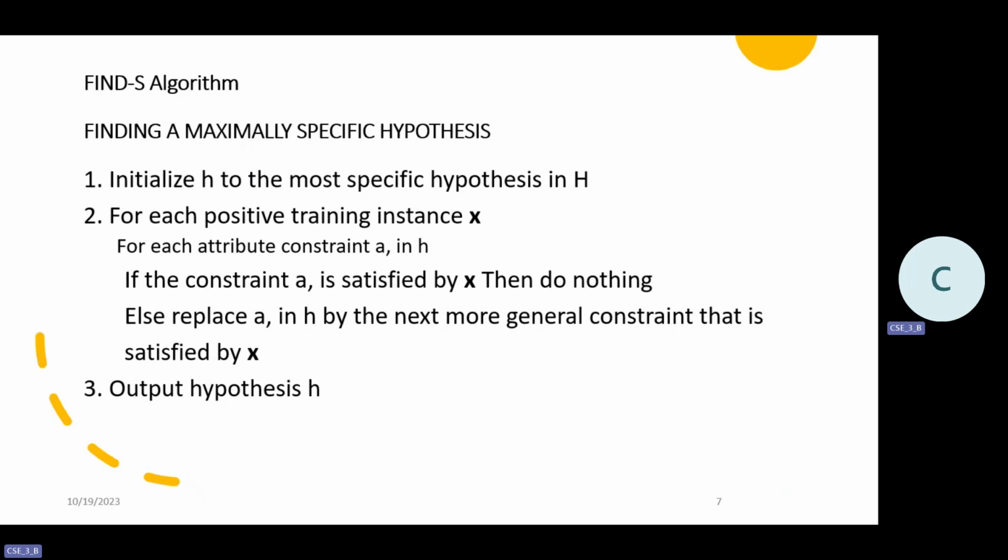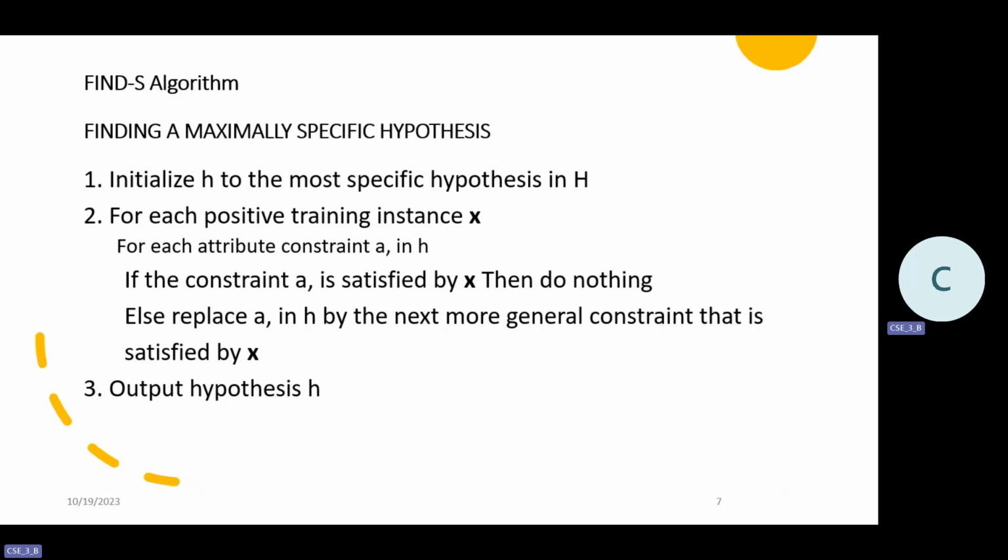The goal of this algorithm is to find a maximally specific hypothesis. What are the steps involved in this algorithm? Initialize the hypothesis to the most specific hypothesis in H, the hypothesis set.